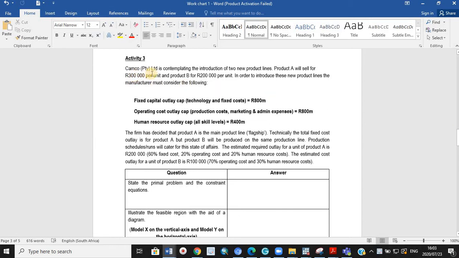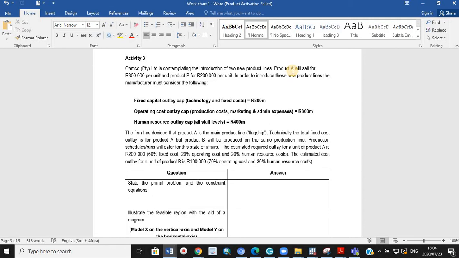Camcom Ltd is contemplating the introduction of two new products lines. Those are product A. When you are trying to sort out or resolve this kind of activity, you need to go step by step, and you need to complete the steps while you go.